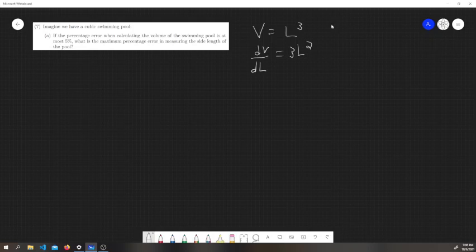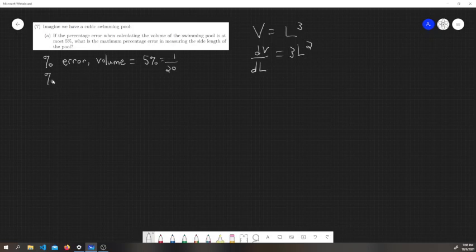And the percent error of the volume is equal to 5%, which is equal to 1 over 20. 5% and 1 over 20 are the same thing. I'm just writing one as a fraction.